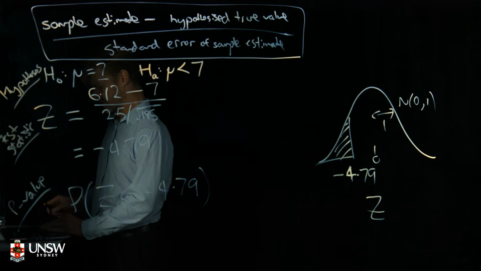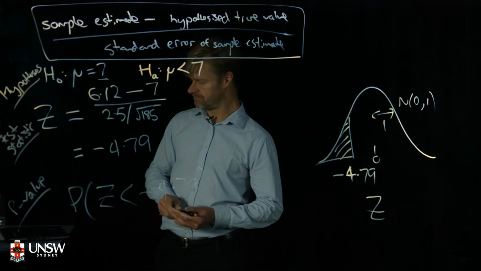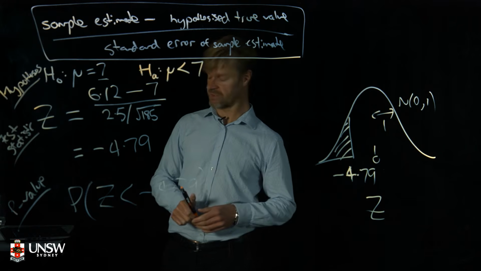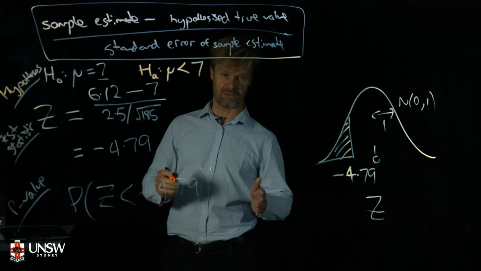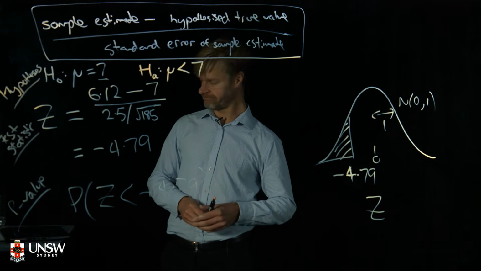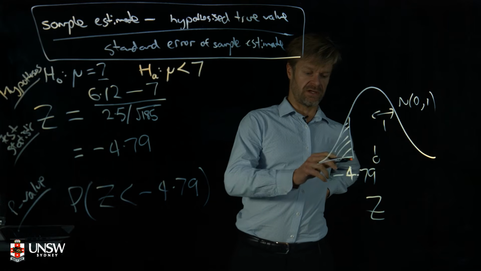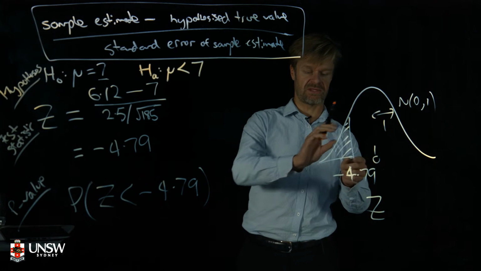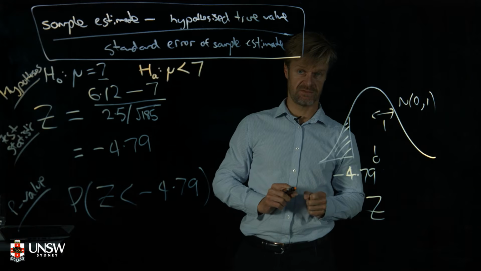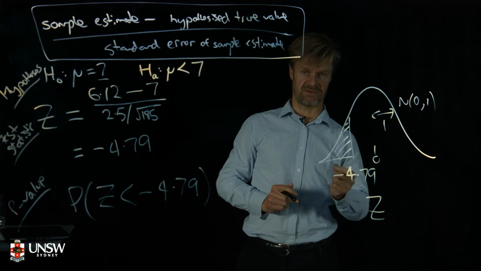What's MATLAB want us to do? We know a couple of MATLAB functions for doing this stuff. There's norminv, normCDF. Which of those would we use here? Norminv is for finding the quantile, the value, so that you've got a certain area to the left. normCDF is for finding the area to the left of a particular value.